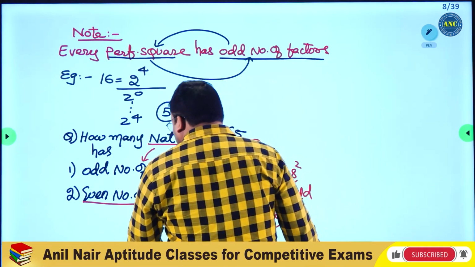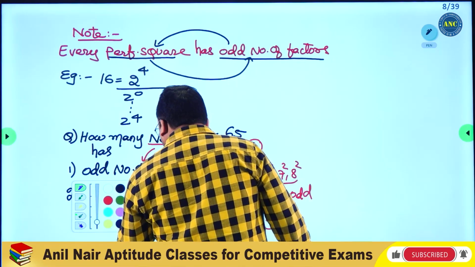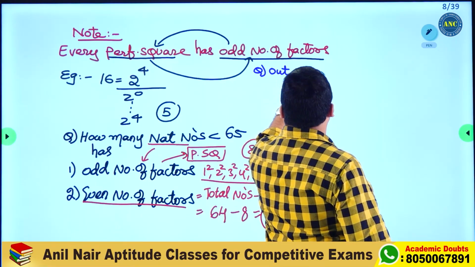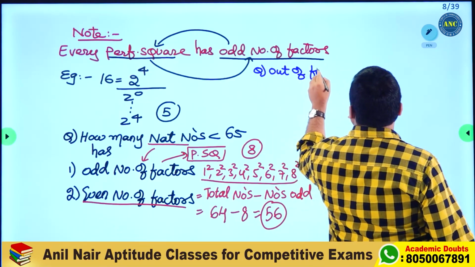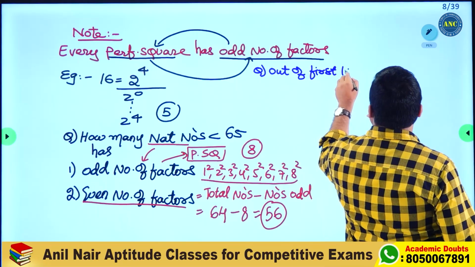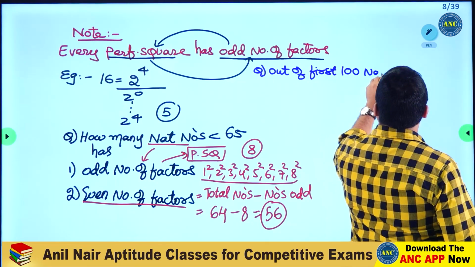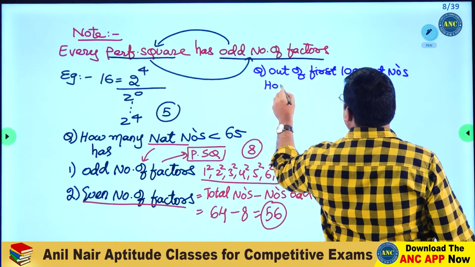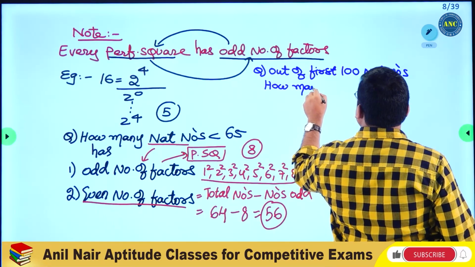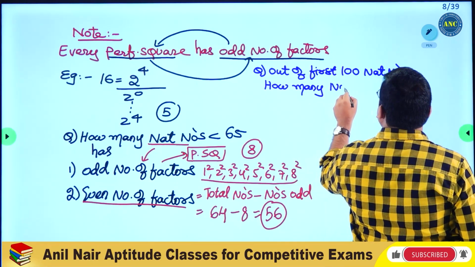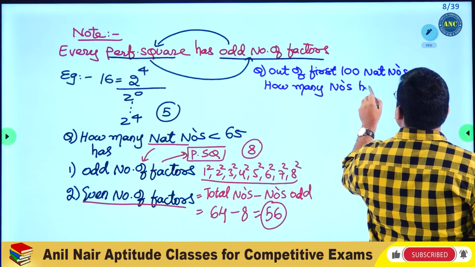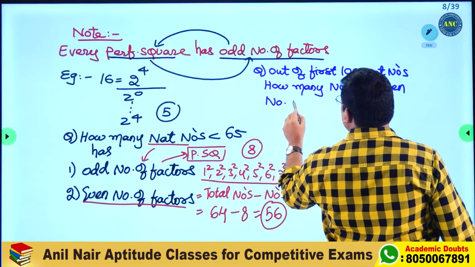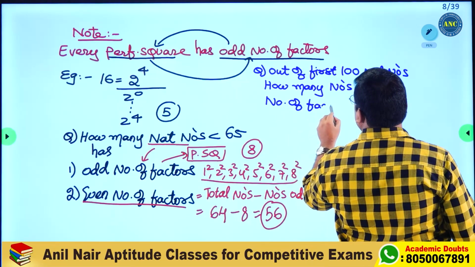In one previous year exam, one question came, that also we will discuss. Out of the first 100 natural numbers, how many numbers have an even number of factors?